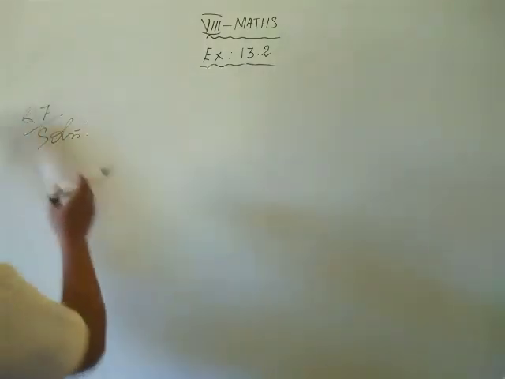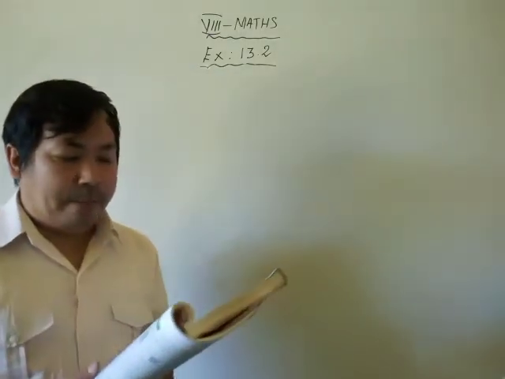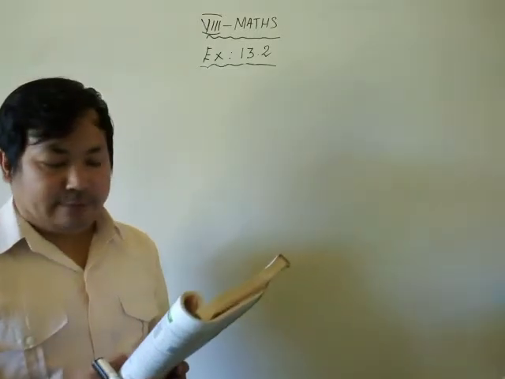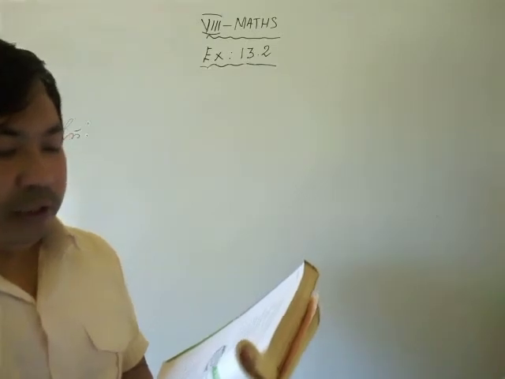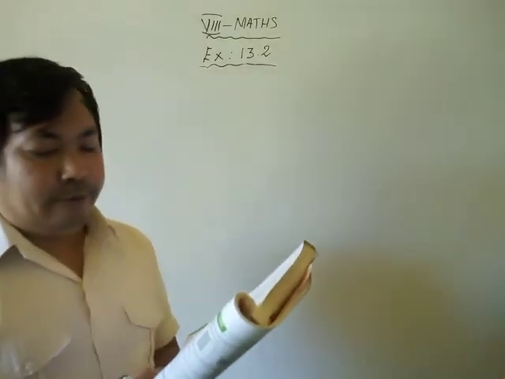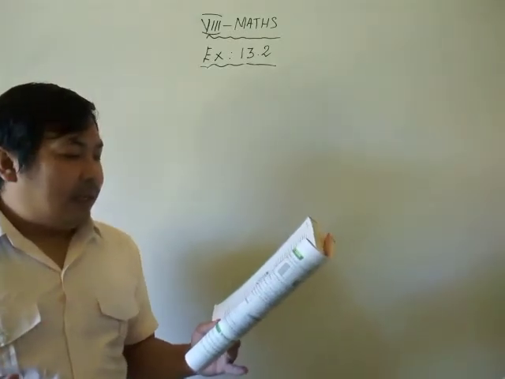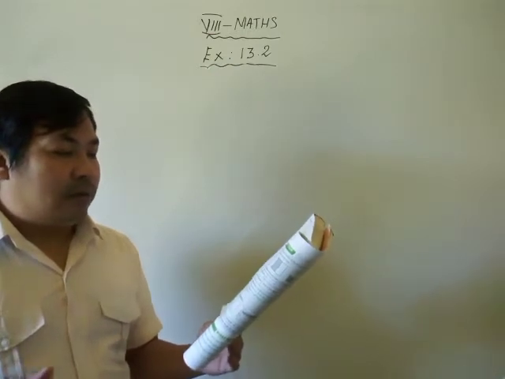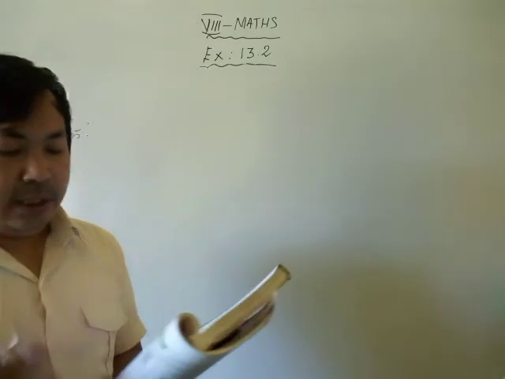Question number 7 says that a batch of bottles were packed into 25 boxes with 12 bottles in each box. If the same batch is packed using 20 bottles in each box, how many boxes would be filled? See, one batch is there that is packed into 25 boxes with 12 bottles.